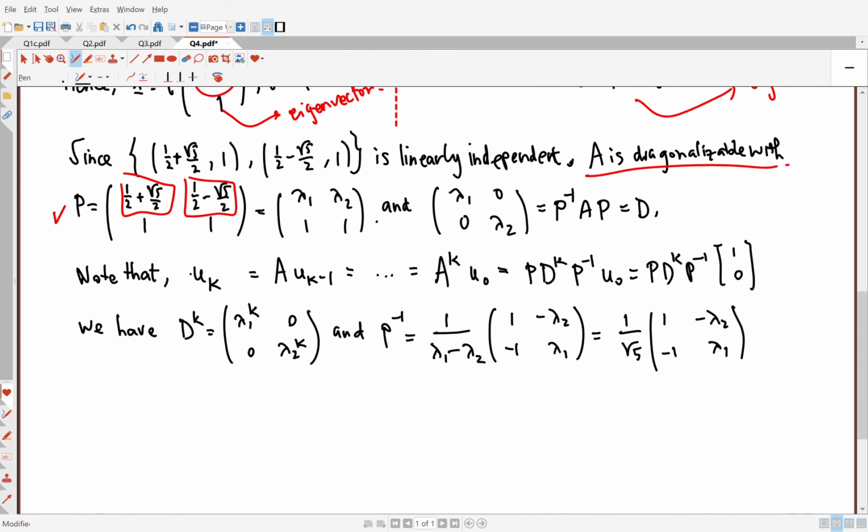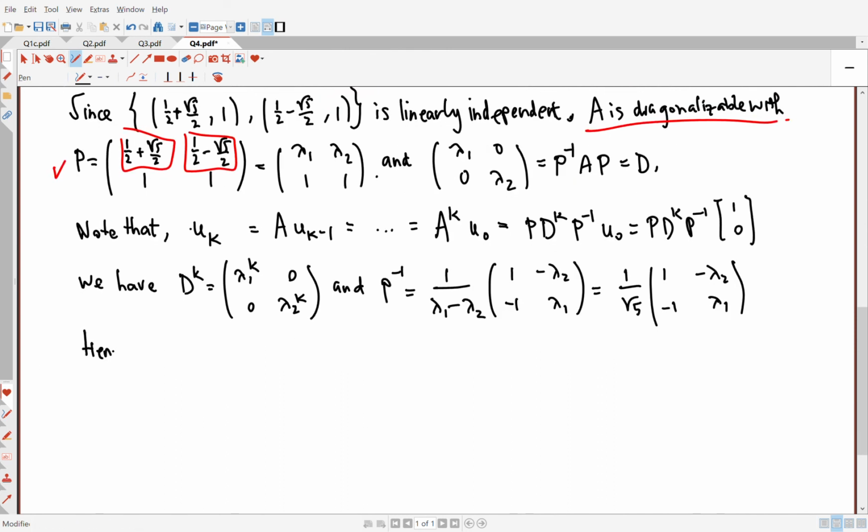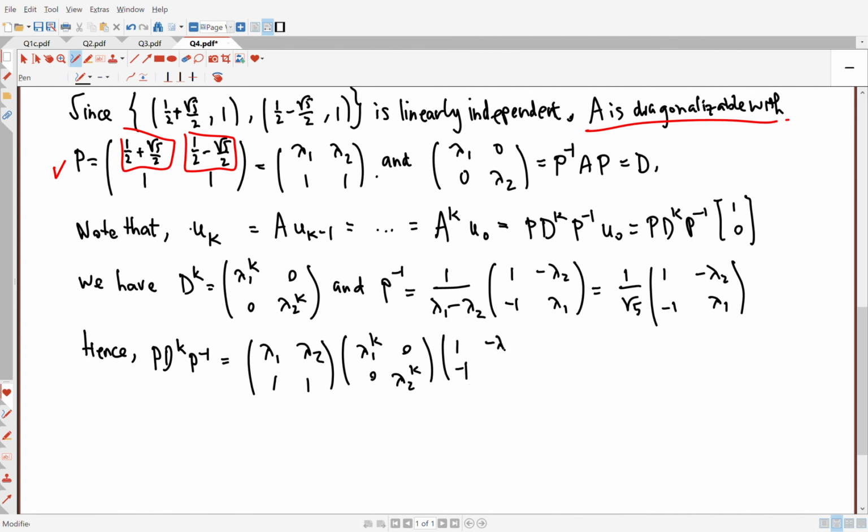Hence, we have P D to the power of k P inverse is just (lambda 1, lambda 2; 1, 1) multiplied with (lambda 1 to the power of k, 0; 0, lambda 2 to the power of k) times 1 over square root 5 multiplied with this (1, minus 1; minus lambda 2, lambda 1).